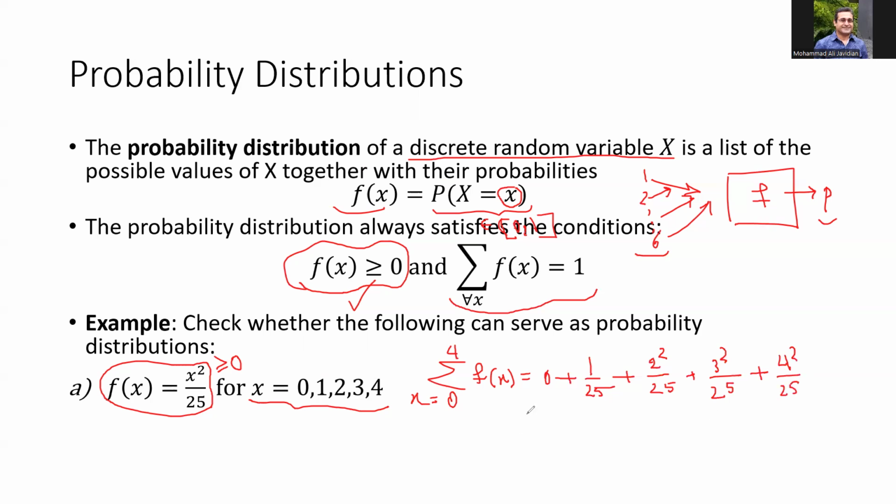If I simplify this summation, the denominator is 25 and the numerator is 1 plus 4 plus 9 plus 16, which is 10 plus 20, 30, divided by 25.